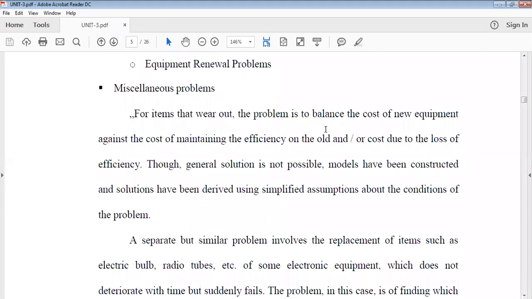The problem is to balance the cost of new equipment against the cost of maintaining the efficiency of the old, and the cost due to the loss of machinery efficiency. Though a general solution is not possible, models have been constructed and solutions have been derived using simplified assumptions about the conditions of the particular problem. You cannot find a single general solution.